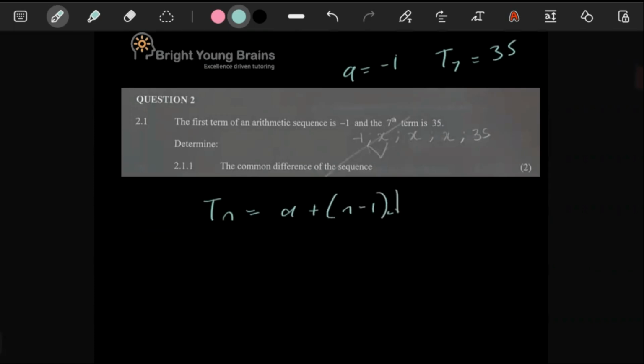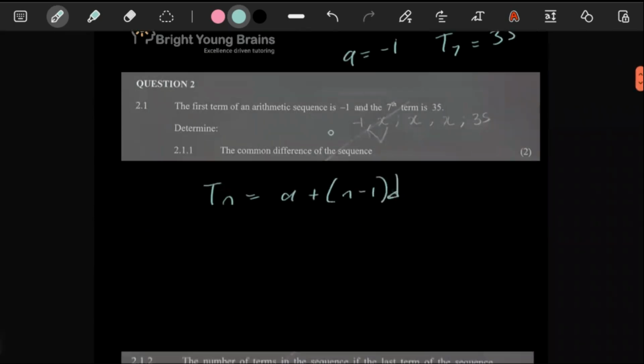In our general term, we know that our first term is negative 1. They told us that term number 7 is 35. So we can put n as 7, Tn as 35, and just solve for d here. This is going to give us 6d. And then what do we have?